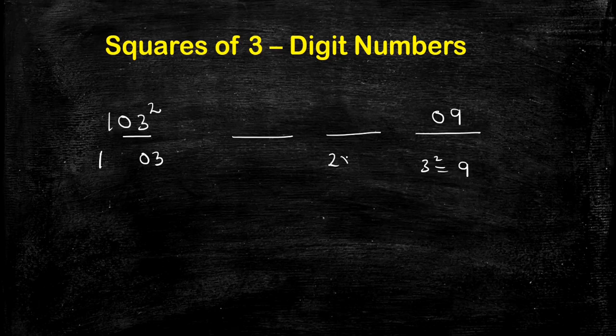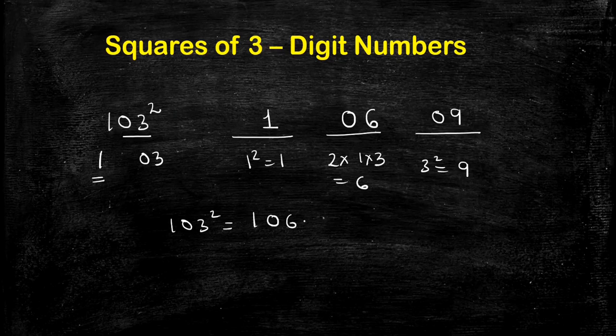And here is the middle part, which is 2 times the two numbers, 1 into 3, and 6. As we do not have a carry over, we will write 6 again. As we have to have 2 digits here, we should write it as 06. And then finally we will have the square of this number 1, which is 1, and we do not have a carry over, so write 1 as such. So you will find that 103 square is equal to 10609.